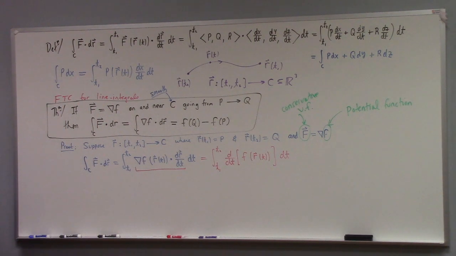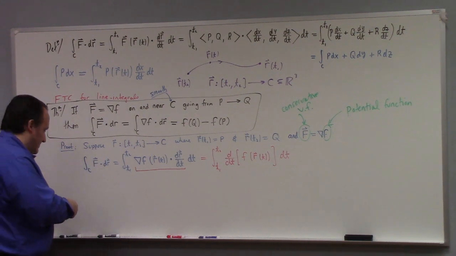Then what? Do you guys remember Calculus 1? What happens when we integrate a total derivative? Because that's what we have. Remember the net change theorem? It's the value of the function being differentiated at the upper bound minus the value of the function being differentiated at the lower bound. If you like, apply the fundamental theorem of calculus part 2.